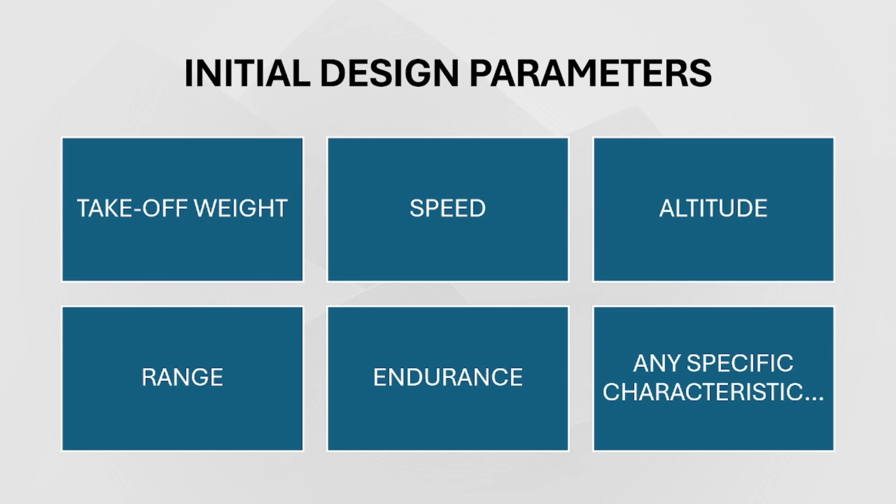Another most important parameter is speed. Basically, you should know what kind of speed your aircraft should have. In most cases, we're talking about cruise speed. All that should happen at some altitude. Technically, you should know at what altitude your aircraft will fly, what the desired altitude is. Then it goes to range and endurance, and these two depend on each other. And in case of any specific characteristics, that will provide some extra calculations in aircraft design.